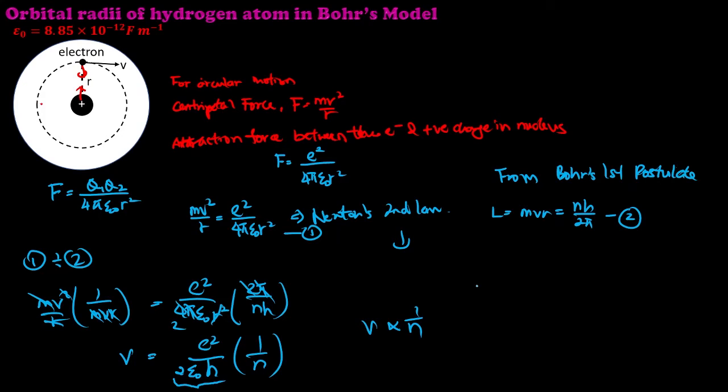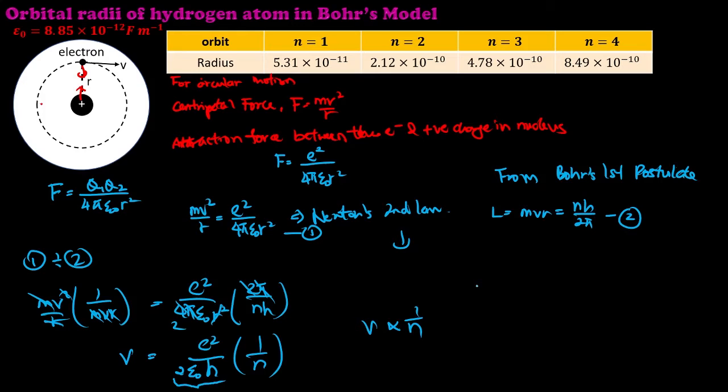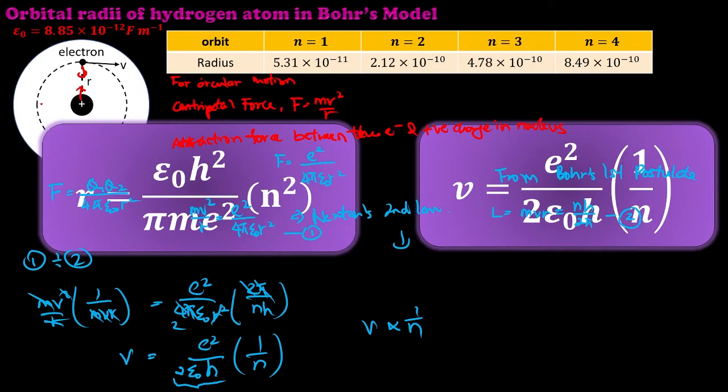In short, if you substitute the values into these equations, you will get the radius for the first orbit, where n equals 1. And when you substitute n equals 2 in the r equation, you will get this radius.